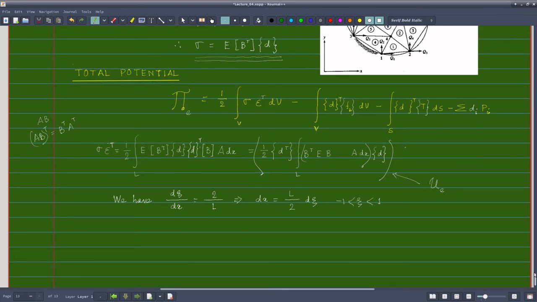Therefore, what will be my element strain energy? The element strain energy will come from this equation.